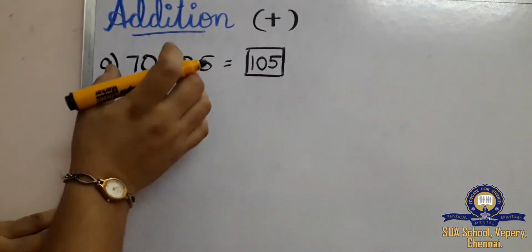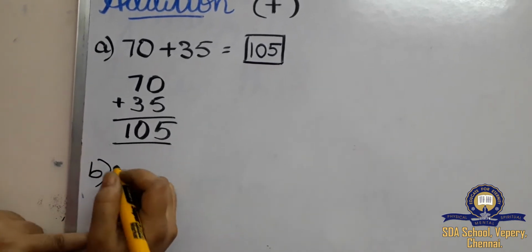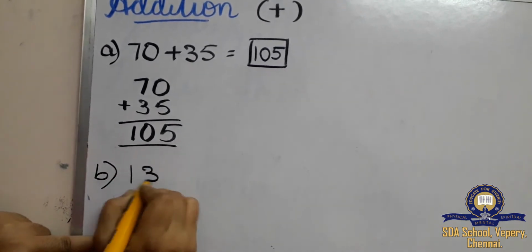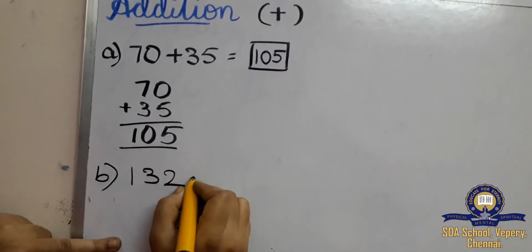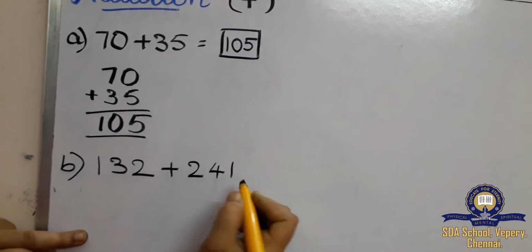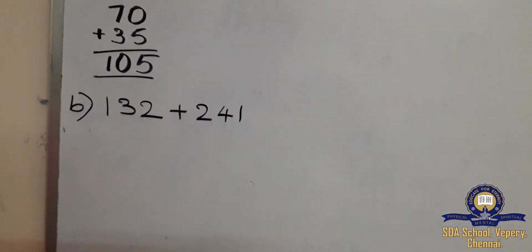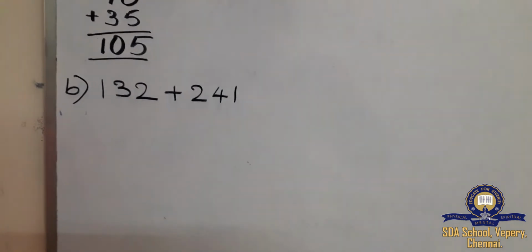But if they have given you the sum like a 3-digit number, for example 132 plus 241, here we can do this sum using abacus.